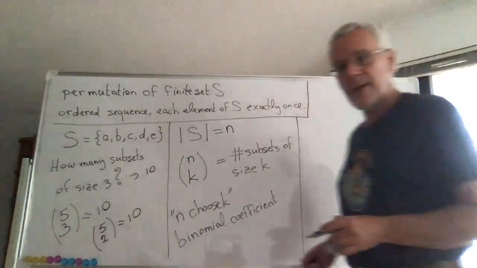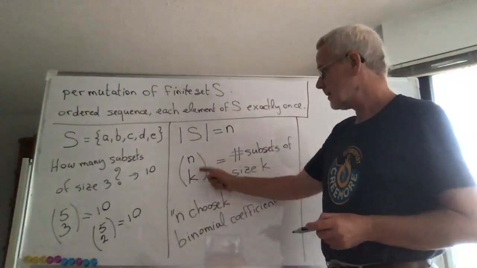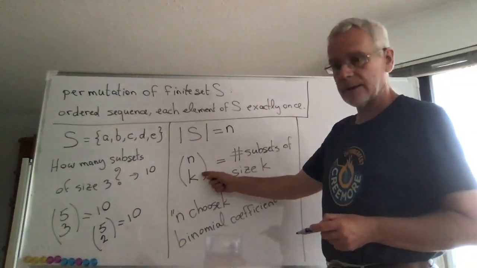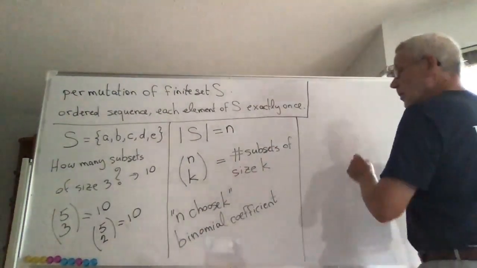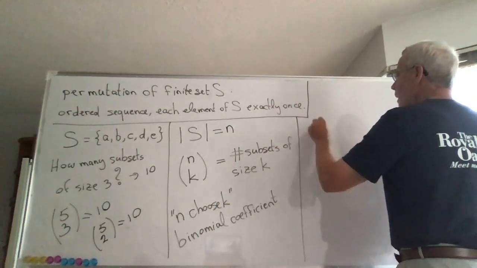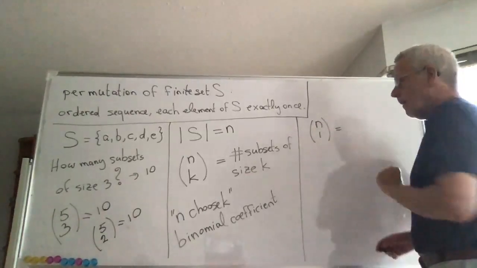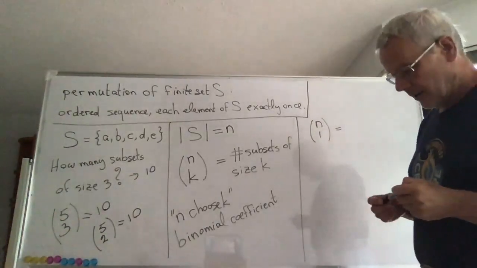Okay, so if we go back here, n choose k, you have a set of this size, and we count subsets of this size. So what would n choose 1 be? N choose 1, right?